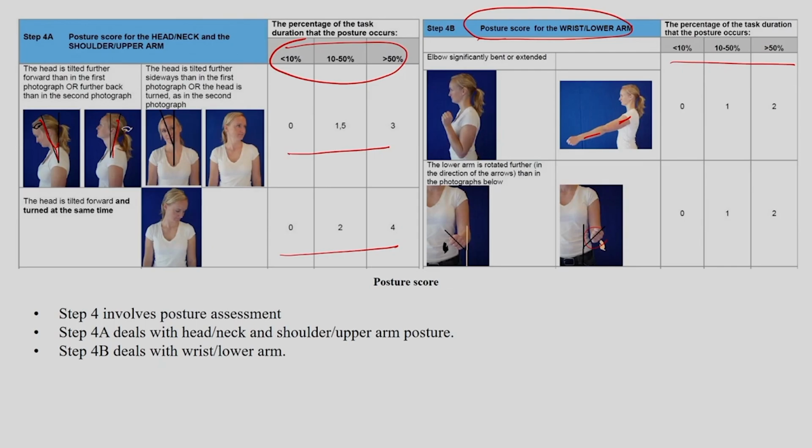So step 4 involves posture assessment. 4A deals with head, neck, shoulder, upper arm posture, and 4B deals with the wrist and lower arm. Understood? It's very easy. From the photograph only you can see the current position of your case. So you need to refer to these photographs for getting your score.